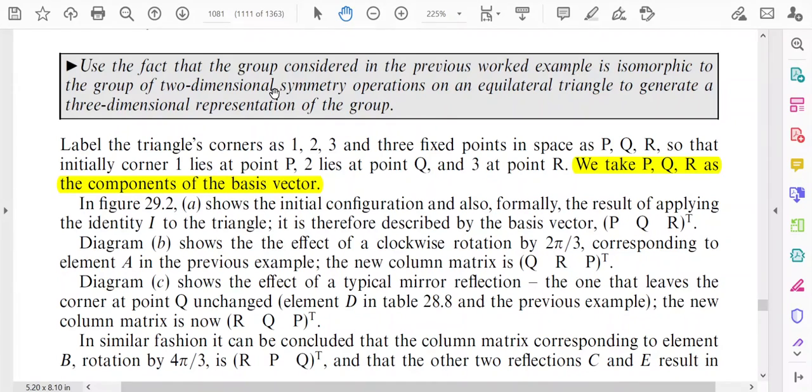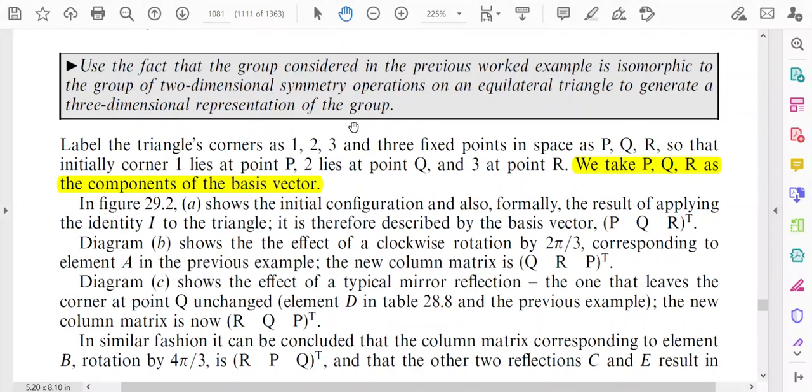The group considered in the previous worked example is isomorphic to the group of two-dimensional symmetry operations on an equilateral triangle. For that group, we are going to generate a three-dimensional representation.